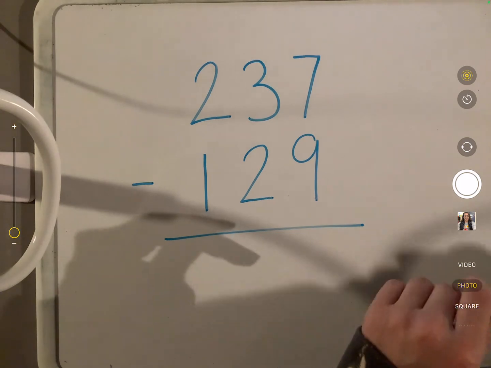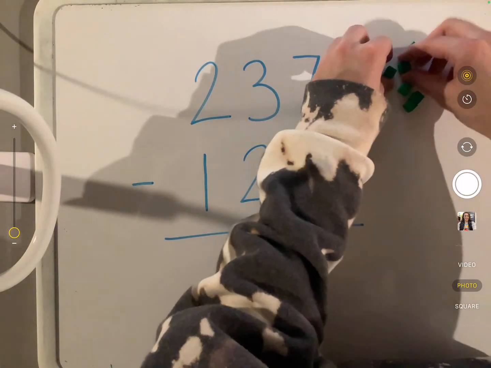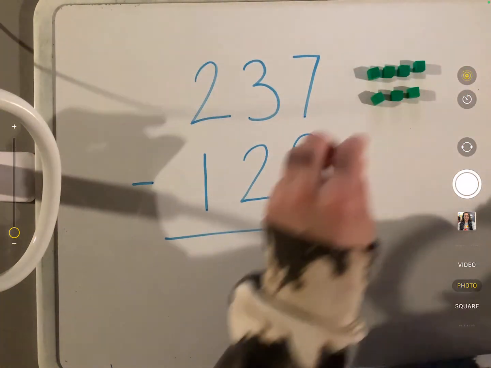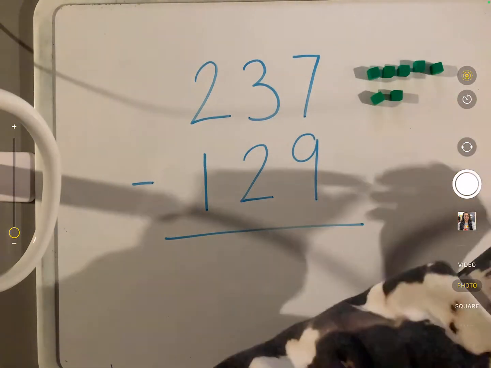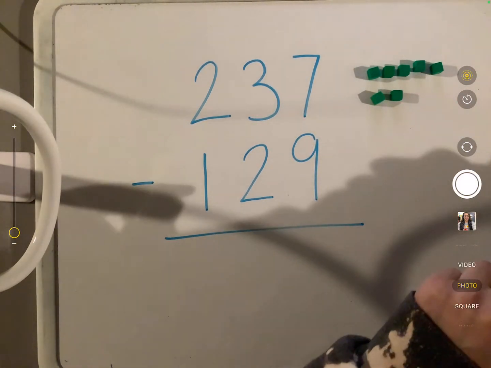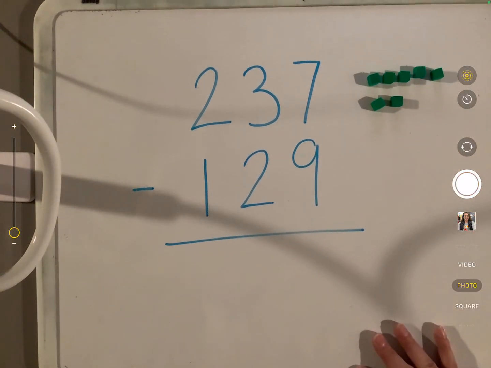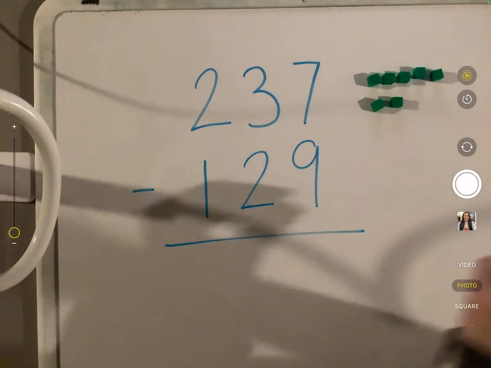So if I have 7, can I take away 9 from this 7? No. So let's think about this.